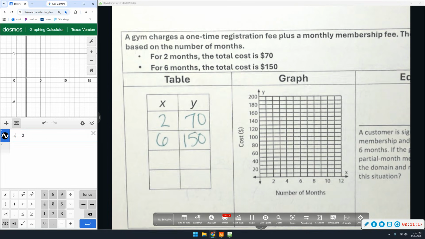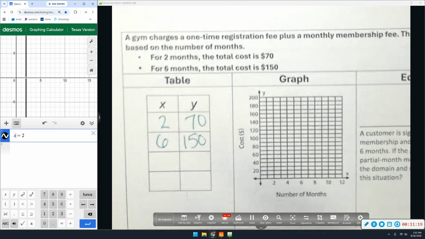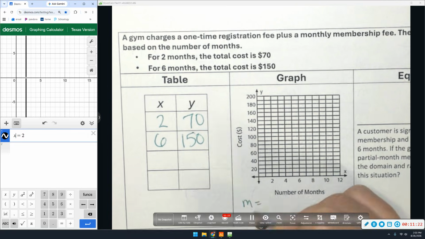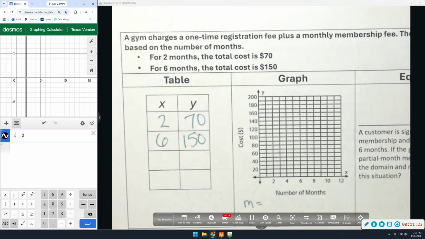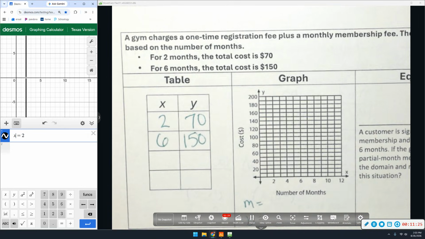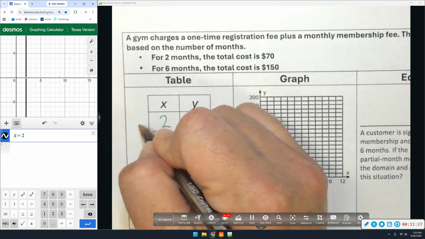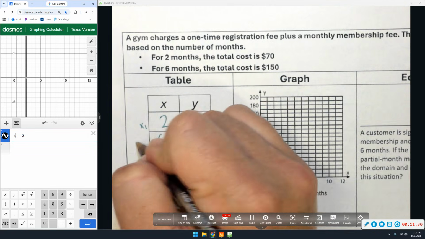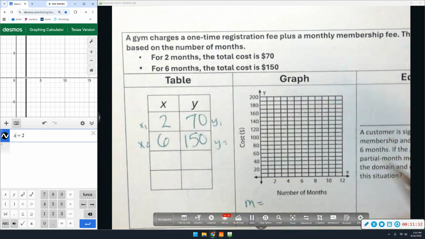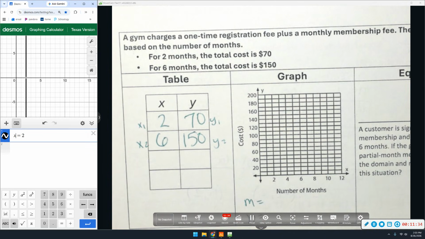Can I find something with that? Yeah, I can find my m and my b. And we're going to start with slope. How do I find slope here? Yeah, look, x1, y1, x2, y2. I want y'all to set that up and solve. Ready, go.